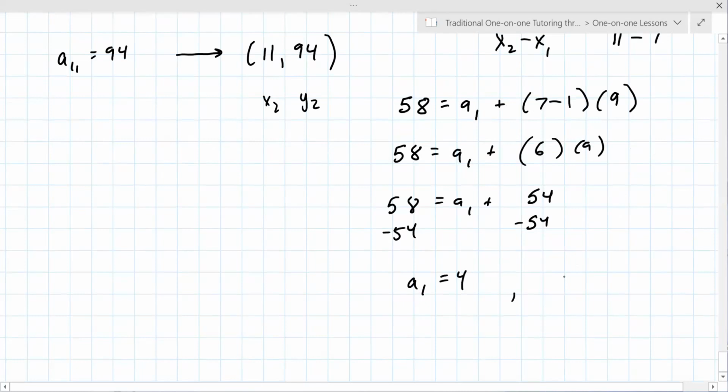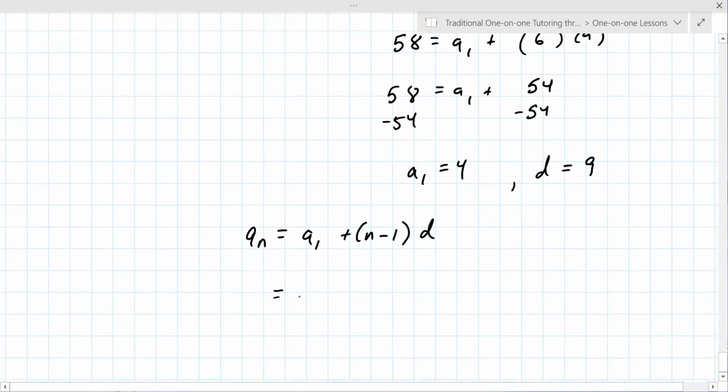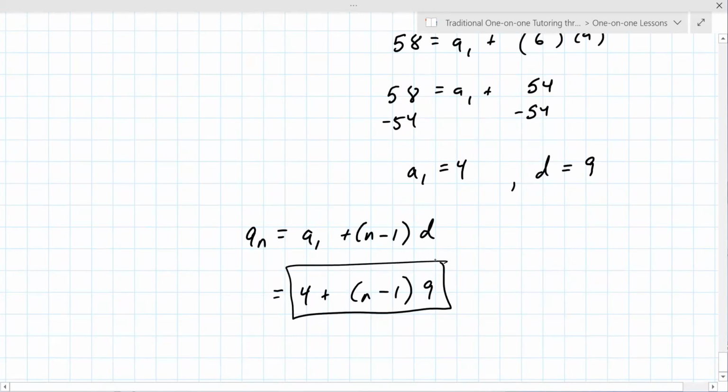So you found that d is 9, a1 is 4. Your formula requires you to find a1 and d. So your formula is 4 plus n minus 1 times 9. I can't make this any easier than that. Other than you going out and finding an online calculator, that is the only path here to making this more efficient.